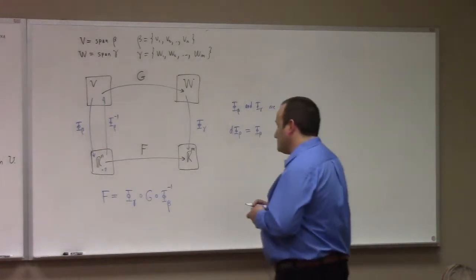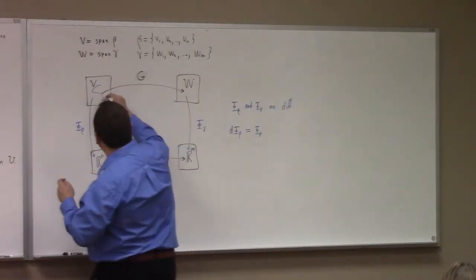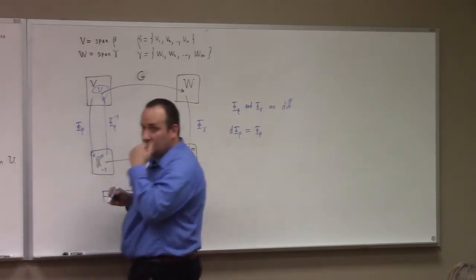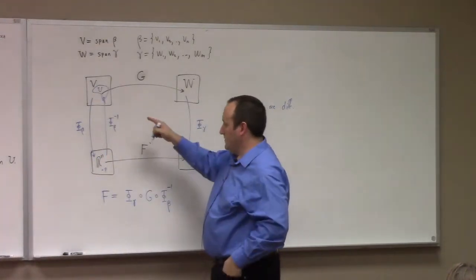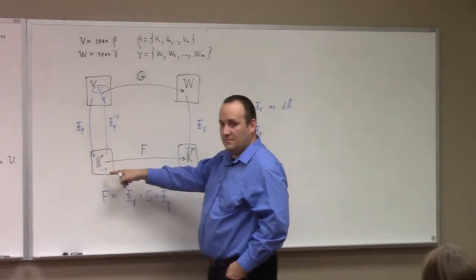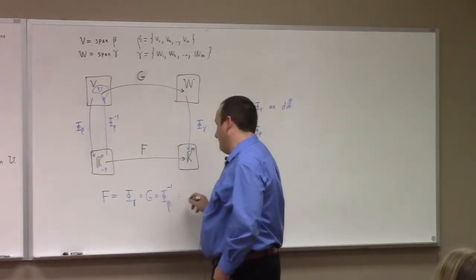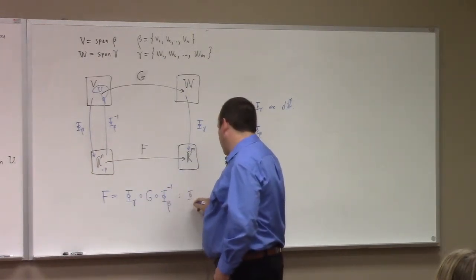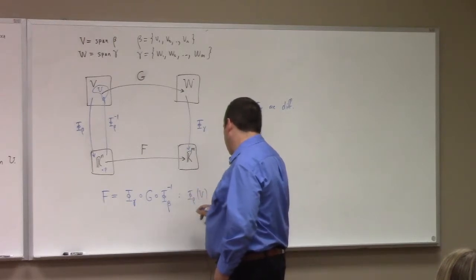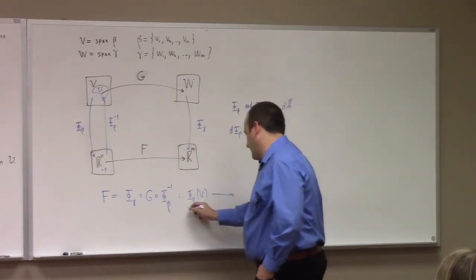So the thing is, if I have U up here open, what do I have down here? So phi beta of U, right? This is going to be open.